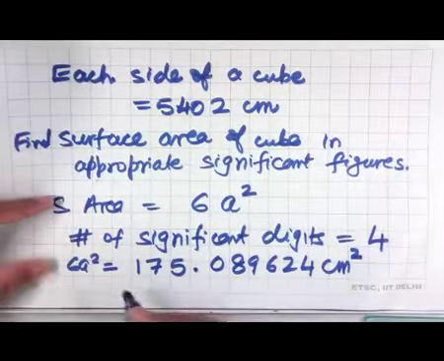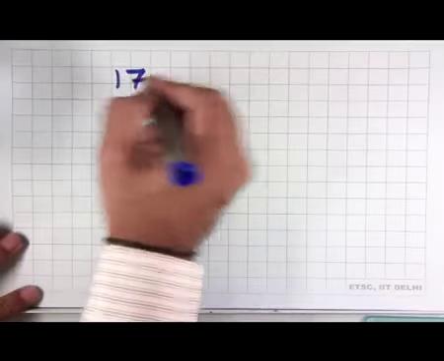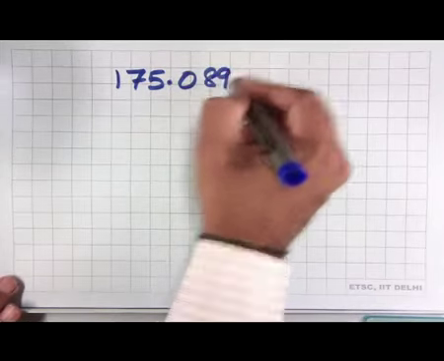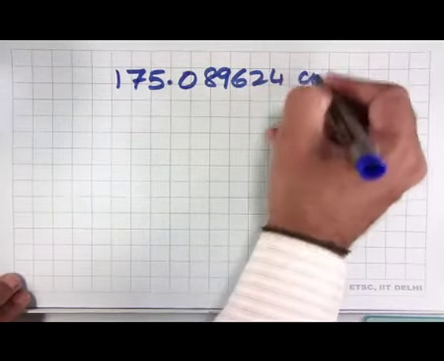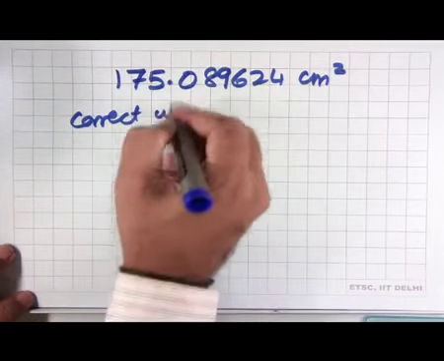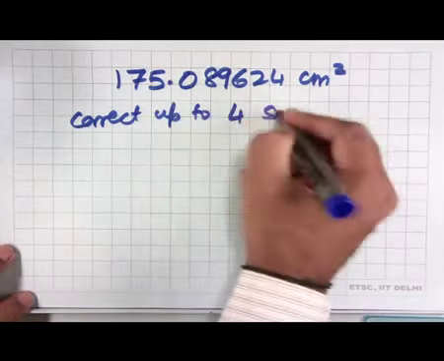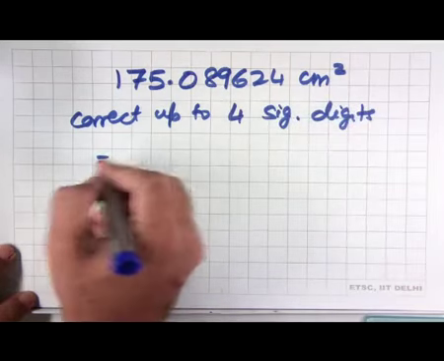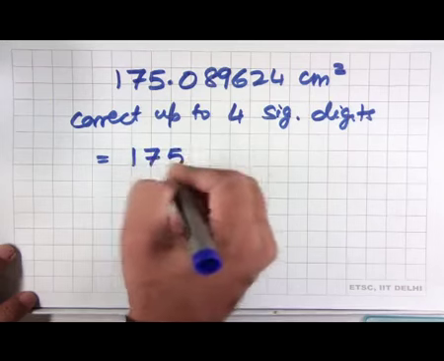So, my number which we have is 175.0899624 centimeter square, and this we have to write correct up to 4 significant digits. So, this will be equal to 175 point.